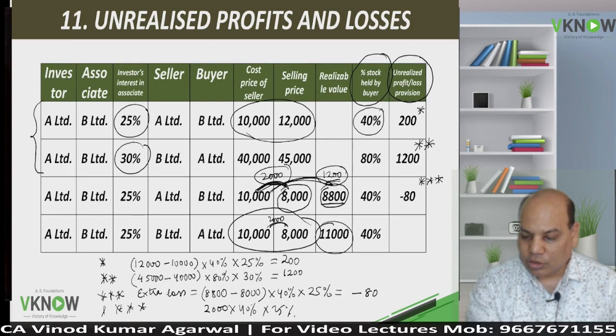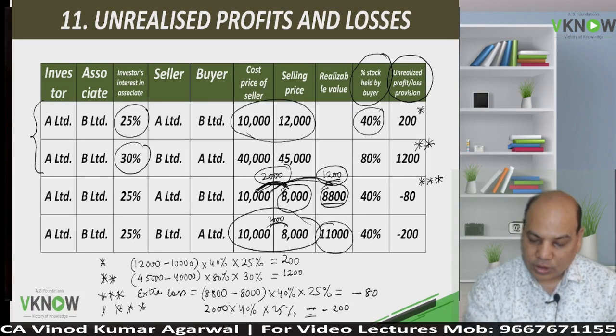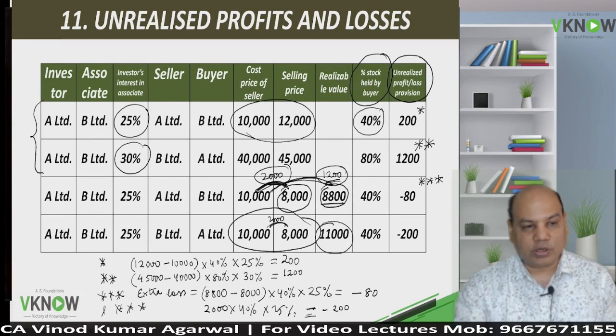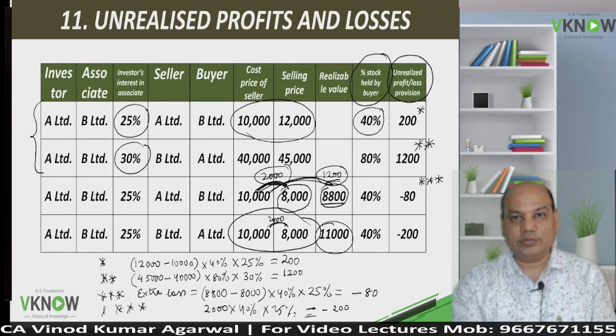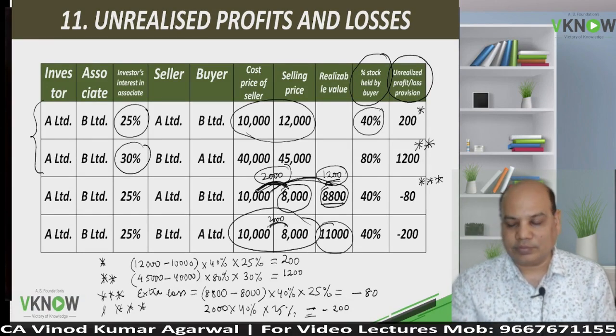Here the entire loss is just created to reduce the profit in the books. This loss is bogus, 2,000 rupees bogus loss. We are going to eliminate it. Is it right?